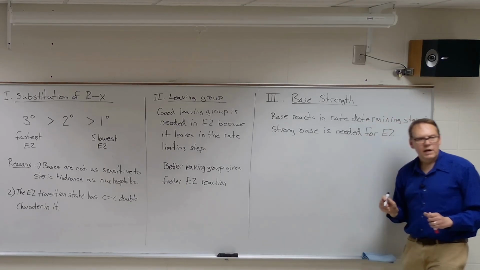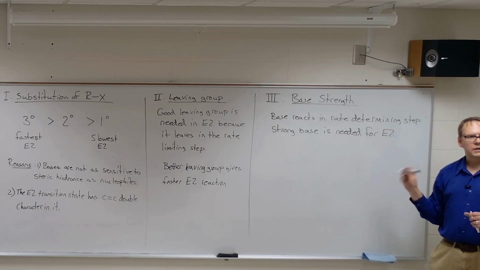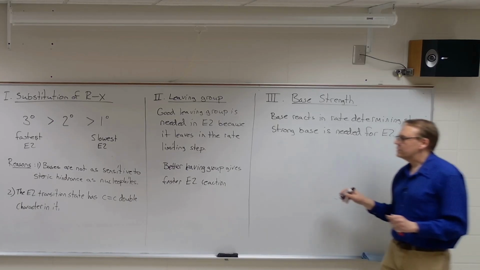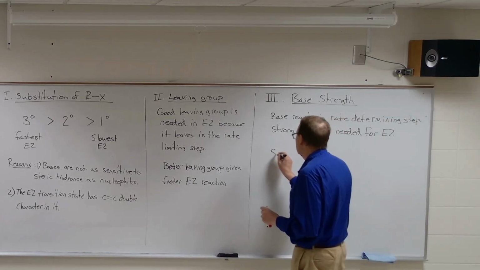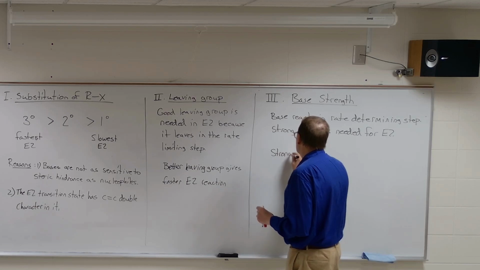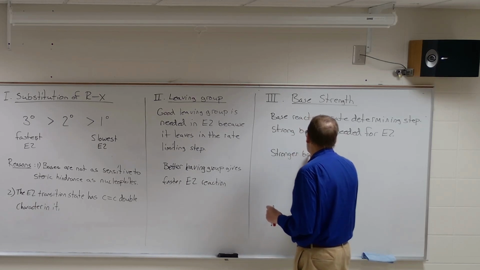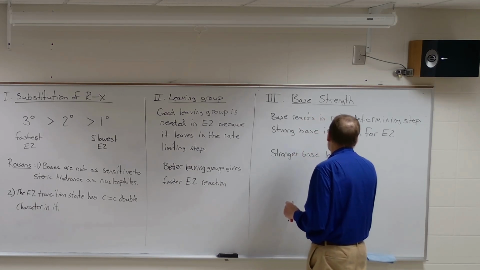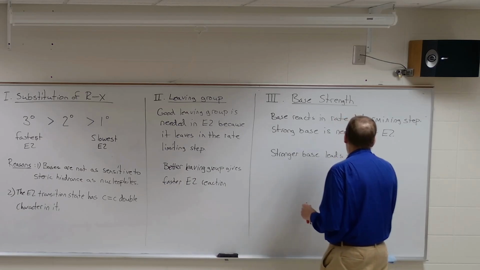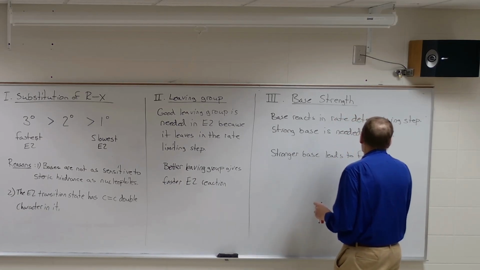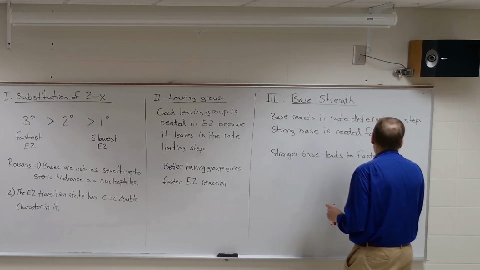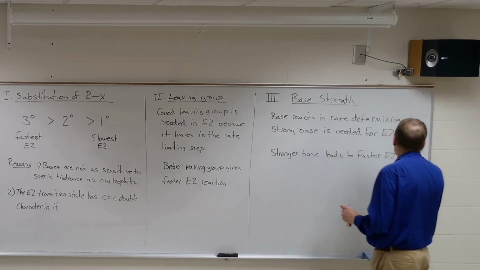The effect is, if you use a stronger base, you're going to get a stronger or faster E2 mechanism. So a stronger base leads to faster E2 reactions.